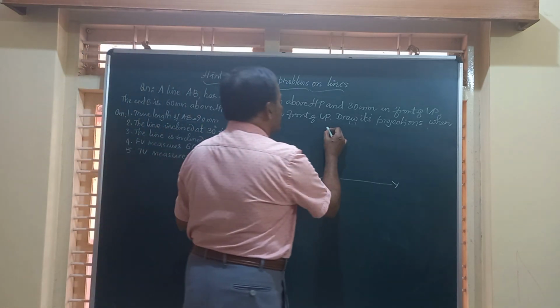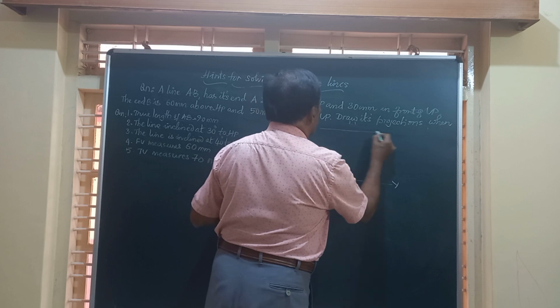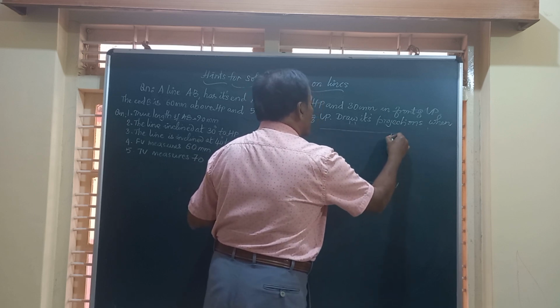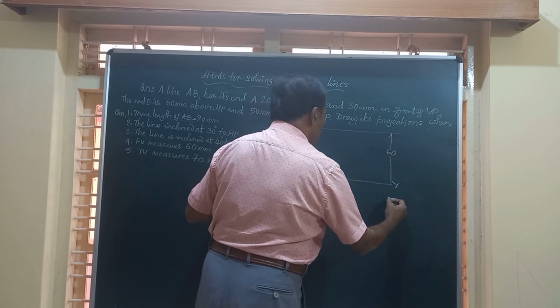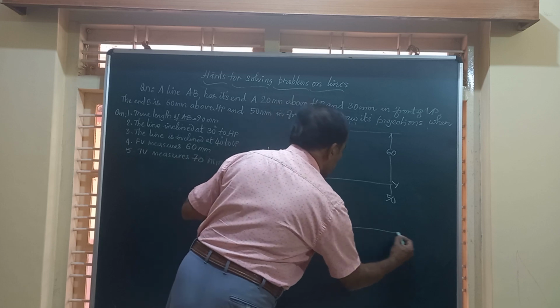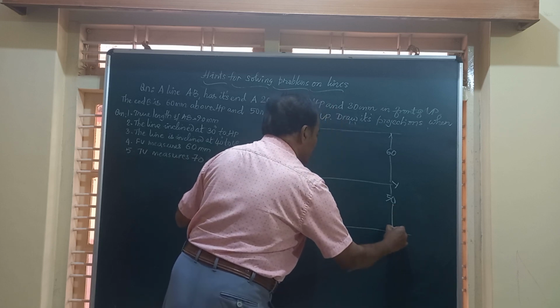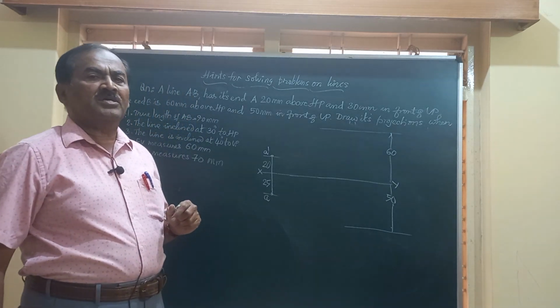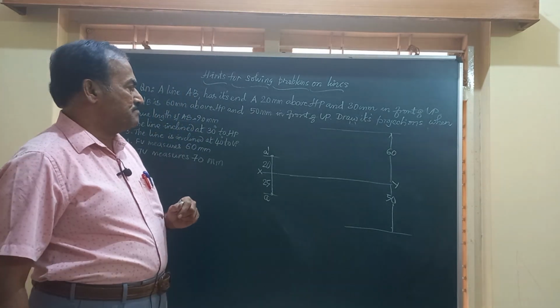And as usual, this is common data, that is the distance of B, 60 mm above HP and 50 millimeter in front of VP. So this will represent the loci of the end B, the other end of the line AB.